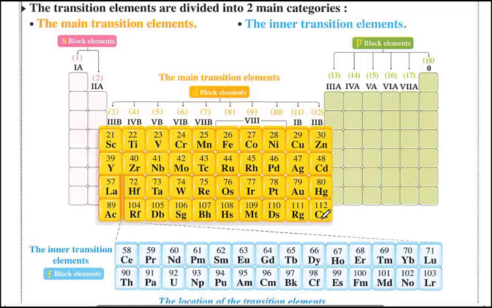Okay, so 3d is successively filled with electrons in the first series, 4d in the second series, which exists in period number 5, and in period number 6, the 5d sublevel is successively filled from lanthanum to mercury. 6d in period number 7 starts with actinium 89 and ends with copernicium, where the 6d sublevel is successively filled with electrons.